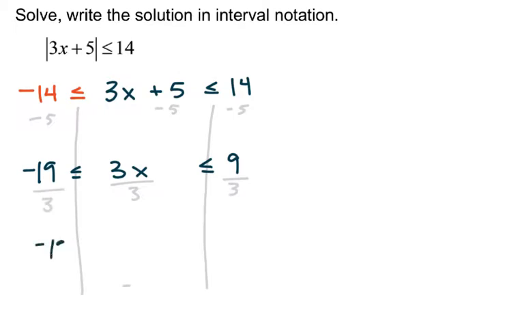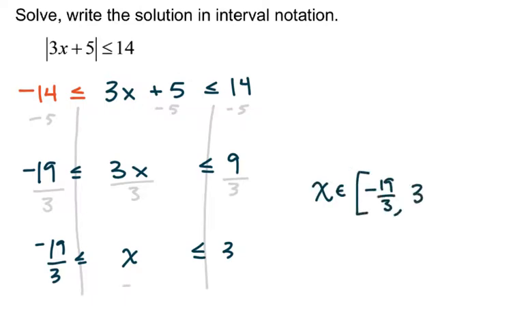So I have negative 19 thirds is less than or equal to x is less than or equal to 3. You can clearly see that x is between negative 19 thirds and 3. So that's, albeit, a lot shorter. It's just when you use that strategy on a greater than inequality, what you end up with is essentially a false statement because it can't be true like that at the same time.